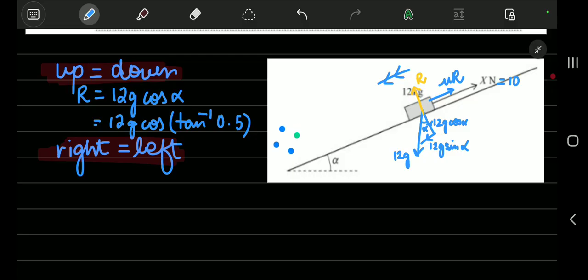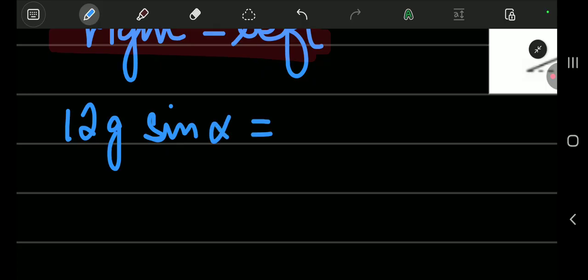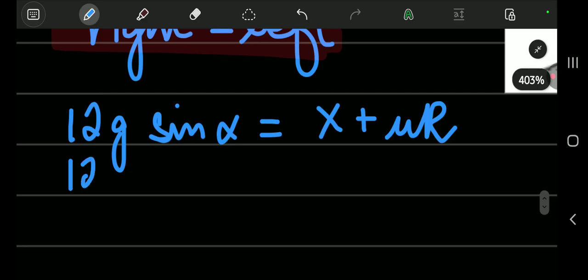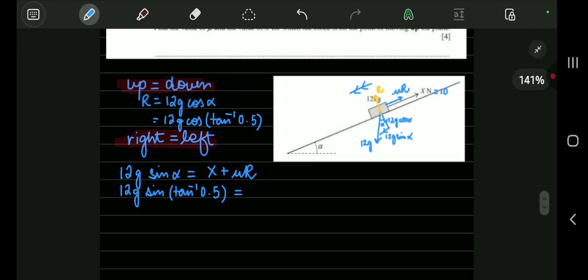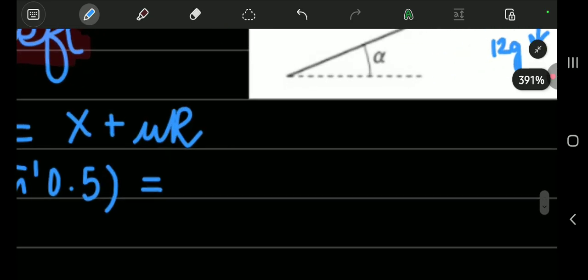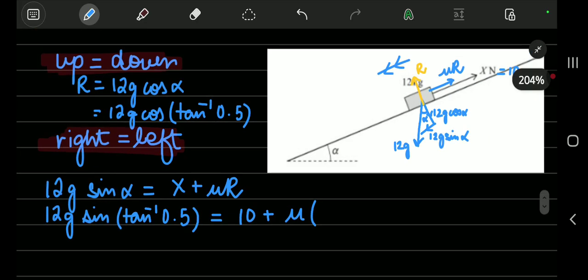Left force is 12g sine alpha and the right is mu r plus x. So 12g sine of tan inverse of 0.5 equals x plus mu r. What is x? 10, plus mu is now different, so we will not substitute the value.